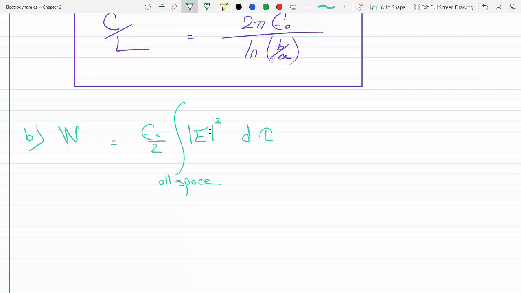In addition to this component, there's another component where you have the integral over a surface area of V times E, but you could extend the volume of integration because the electric field there is 0, and as you extend the surface area, that component goes to 0 and this component picks up the slack.